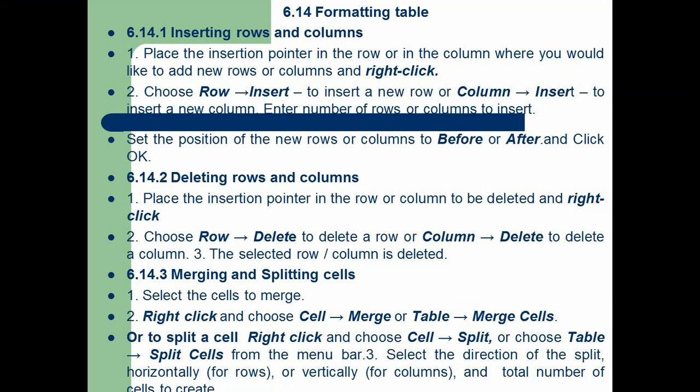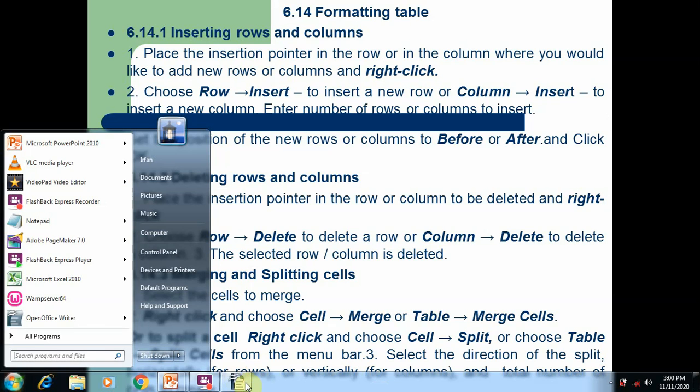Next, the method of formatting is merging or splitting cells. Merging means more than one cell can be converted into a single cell, or more than one table can be converted into a single table. In the same way, one single cell can be converted into different rows and columns. So simply select the cells which you want to merge.